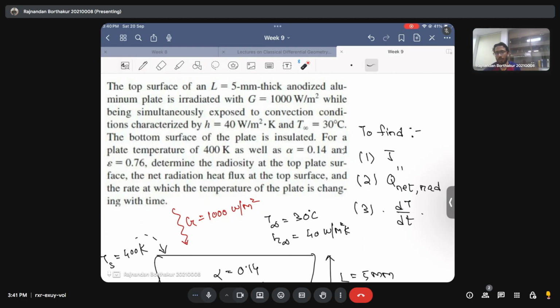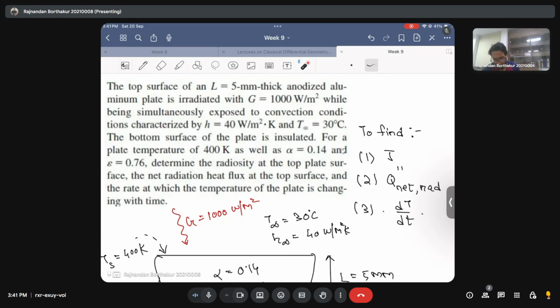From your screen you can see that it says that the top surface of an L equal to 5 mm thick anodized aluminum plate is irradiated with an irradiation of this much magnitude while being simultaneously exposed to convection conditions characterized by h and T infinity.